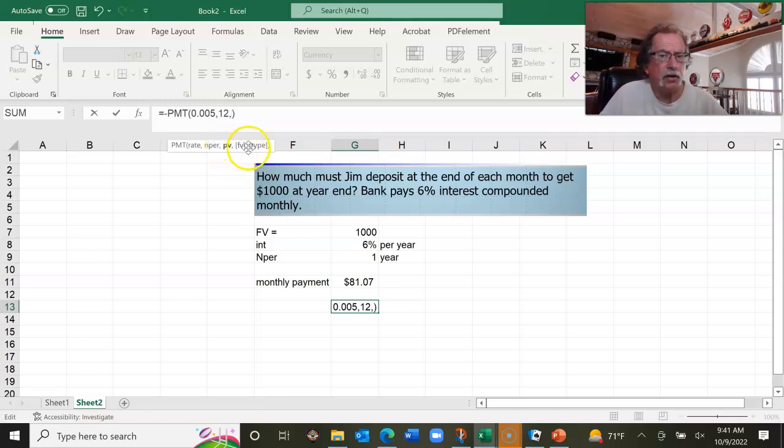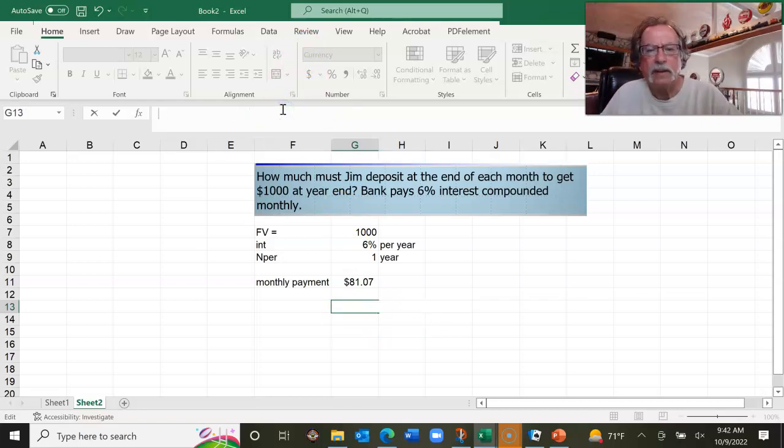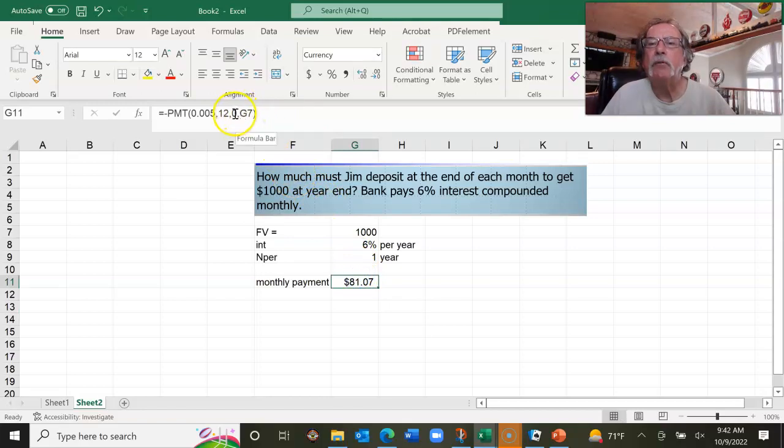It's not a big deal for this one because we don't have a present amount. All we have is a future amount. But when one of these values isn't zero, you need to be sure that your signs are in order.